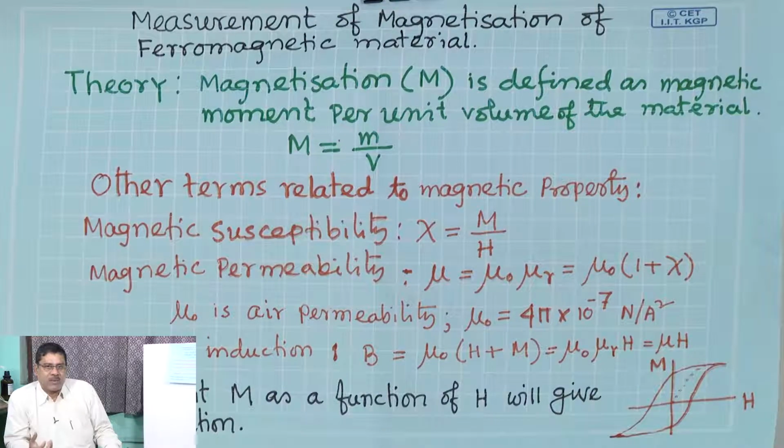Now in ferromagnetic material, these dipole moments form domains, meaning groups of atoms in a certain region. They interact with each other through exchange interaction within that region, and that region is called a domain.